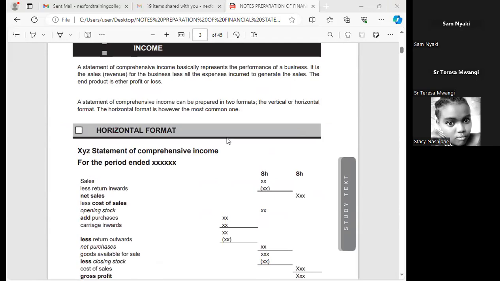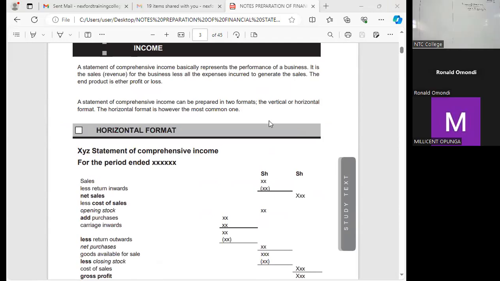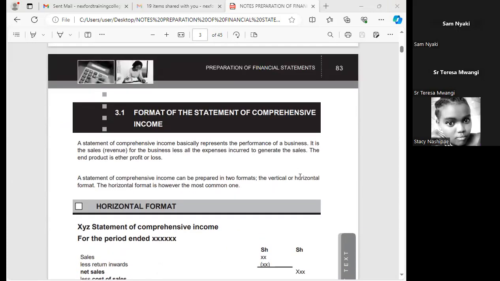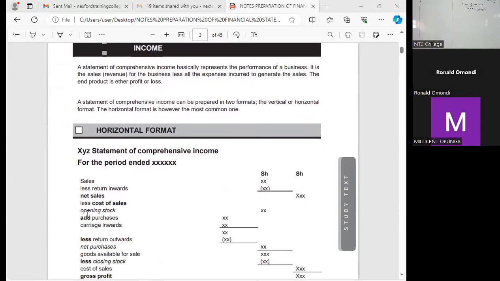So we start with sales. When you are preparing a profit and loss account or statement of comprehensive income, you start with the name of the company, XYZ Limited.